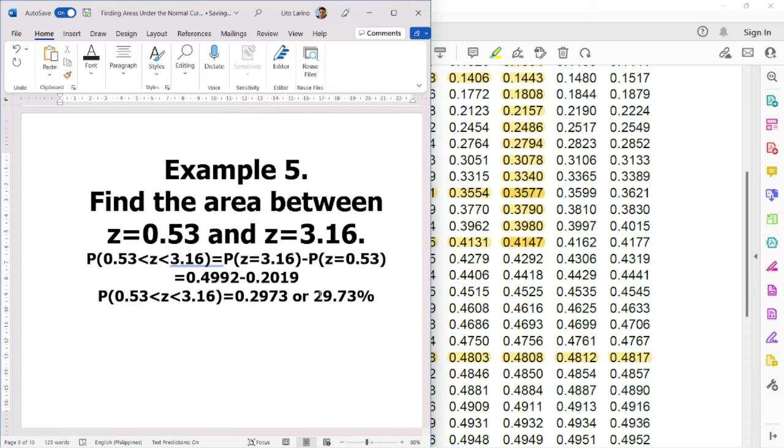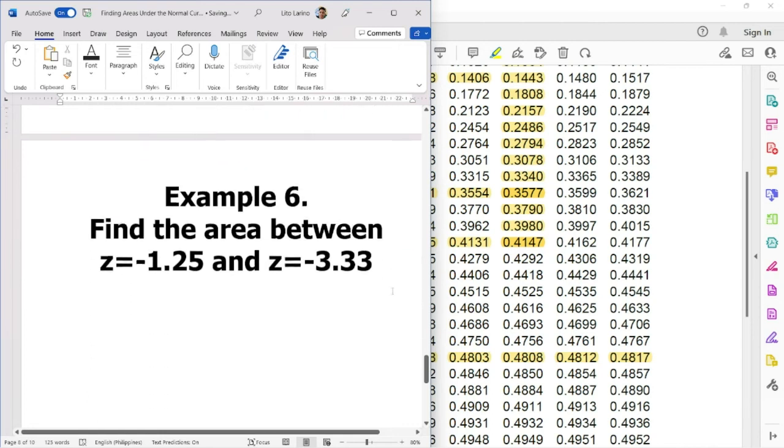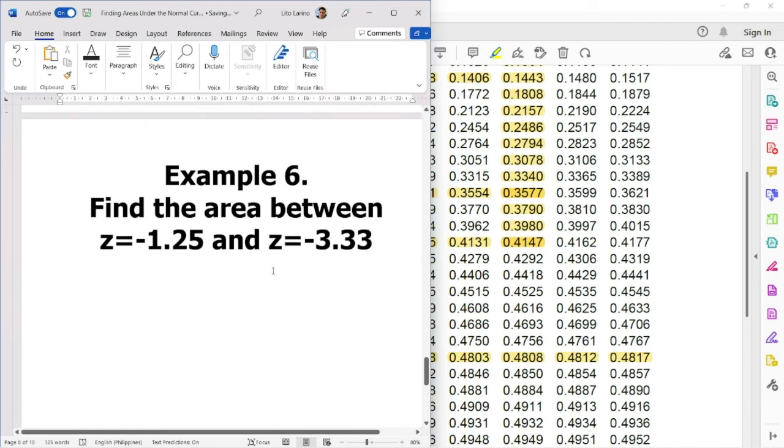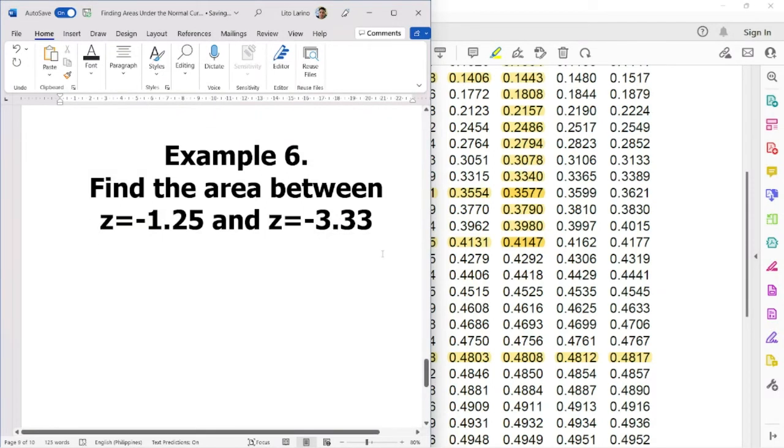When the z-scores are both positive or both negative, we subtract the areas. Example number 6, we have still two z-scores, between two z-scores, and the z-scores now are both negative.